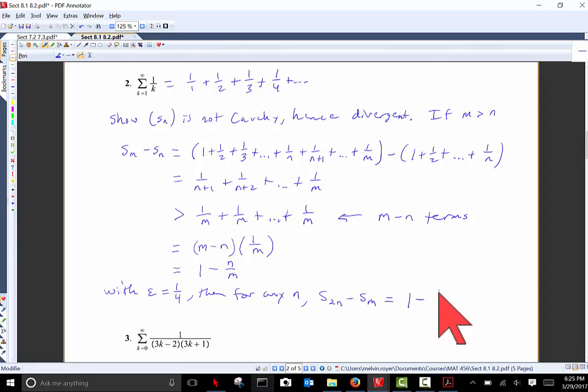And this one would be equal to 1 minus n over 2n, but that's a half, and that's greater than epsilon, which then shows that the difference in terms of this sequence is not getting small, and therefore the sequence is not Cauchy, and therefore the series is divergent. Harmonic series diverges.